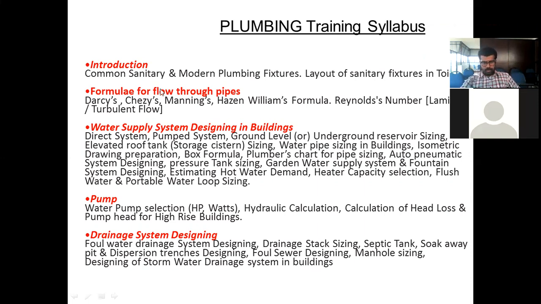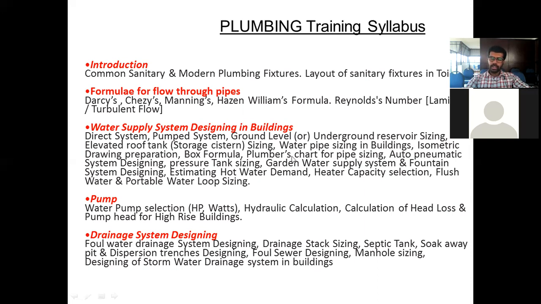Then we'll be studying the formulas for flow through pipes. In coming classes, we'll be studying different formulas like Darcy's, Chezy's, Manning's, Hazen-Williams formula, and Reynolds number. Why we need to study all these formulas is that with the help of these formulas, we can solve questions.